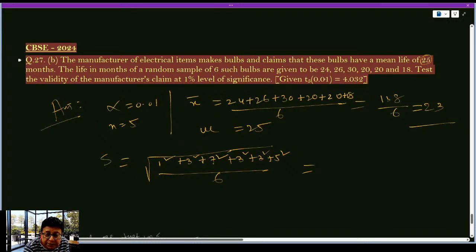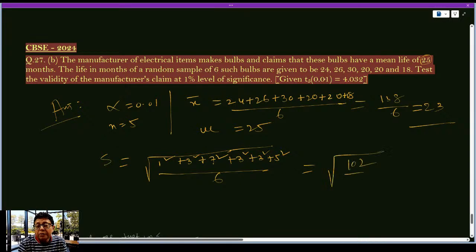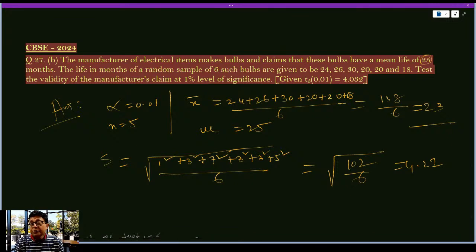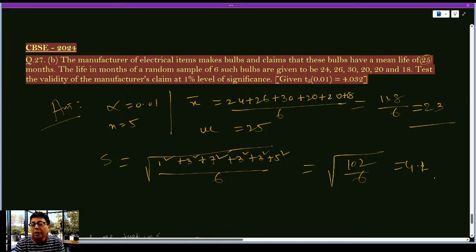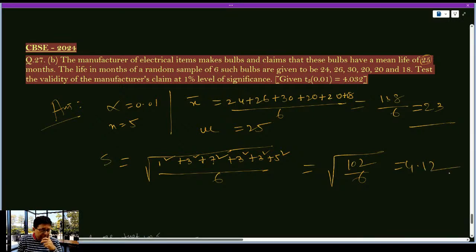So add and calculate. It's coming 102. With the calculator we will find 102 by 6 square, 4.12. Sorry, 4.12. Okay, this has become 4.12. Now what to do?